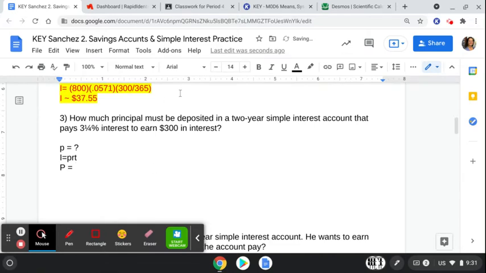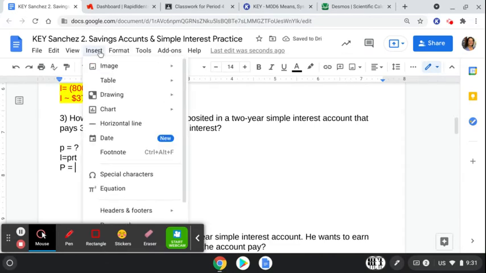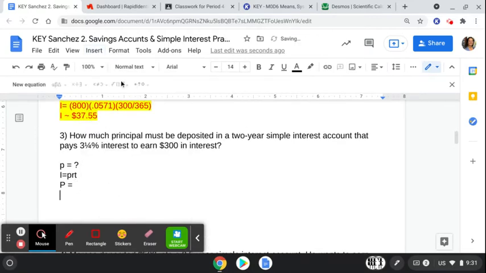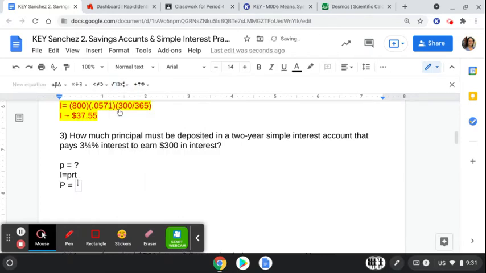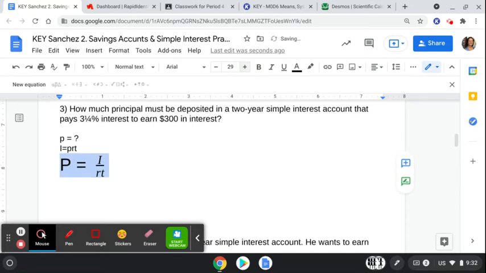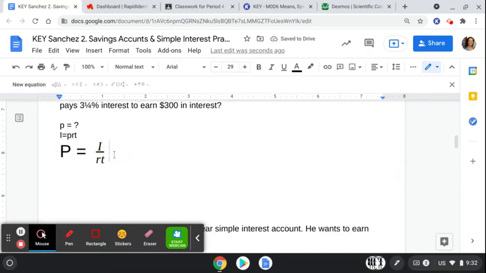Now there's a little tiny insert equation option that lets us put in a fraction, I over RT. Make that bigger. Okay, and then let's go see if we can identify those variables so we're going to know what we're going to plug in.